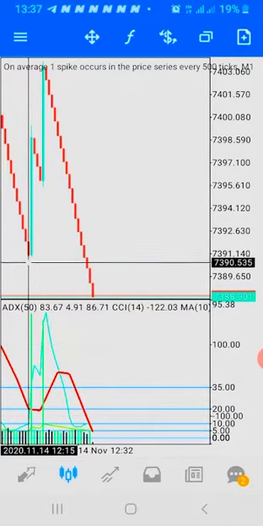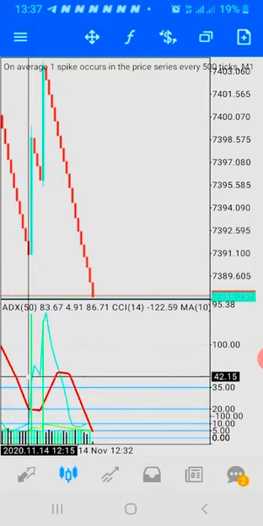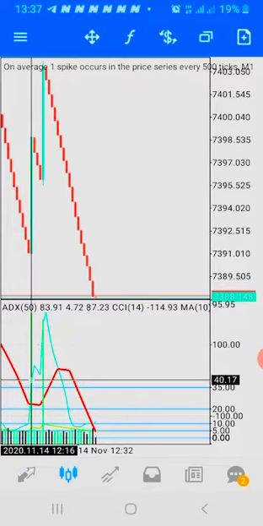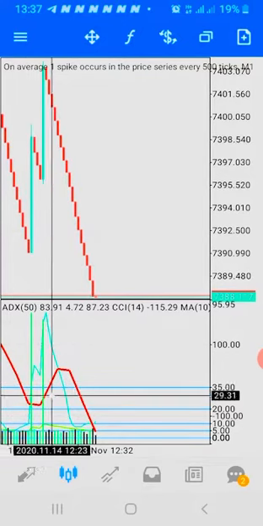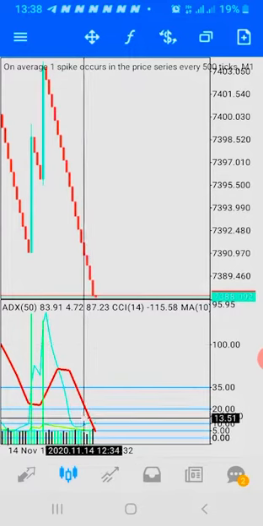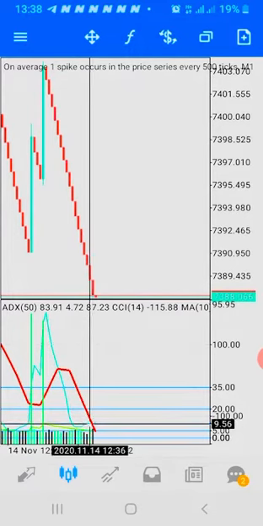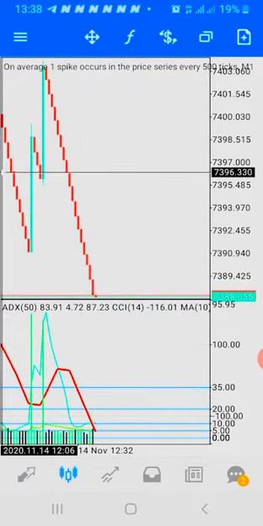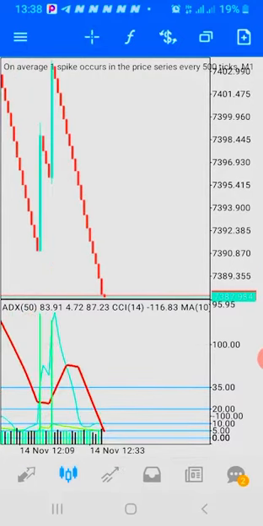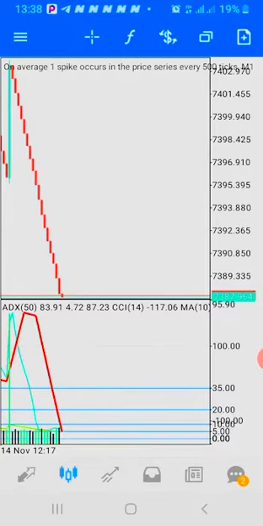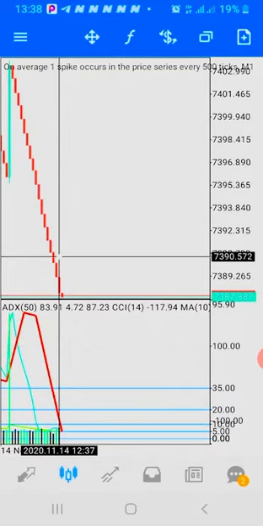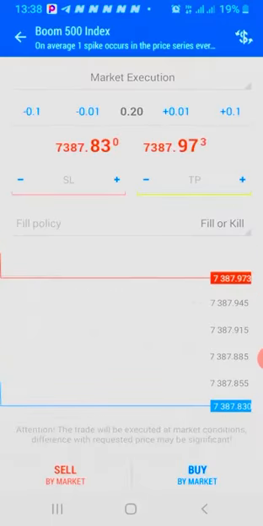It crossed, then we got a buy. This is another crossing. So I want to place a buy for this market.